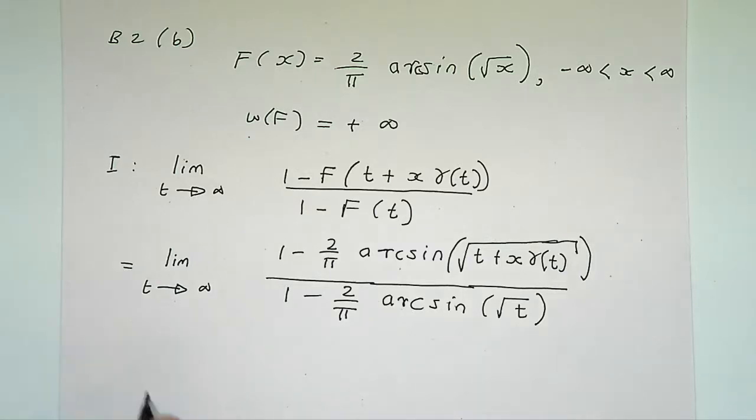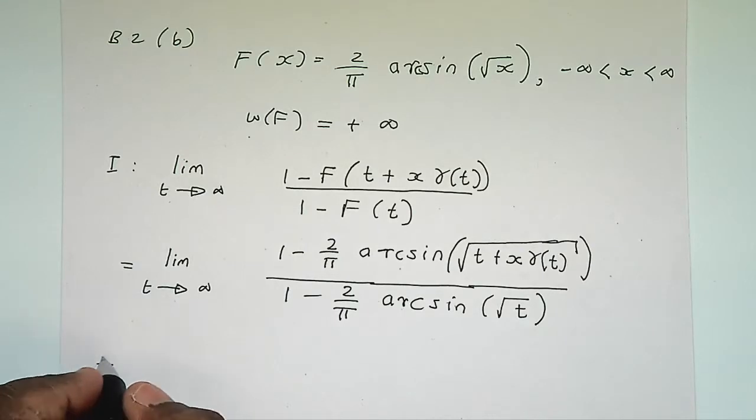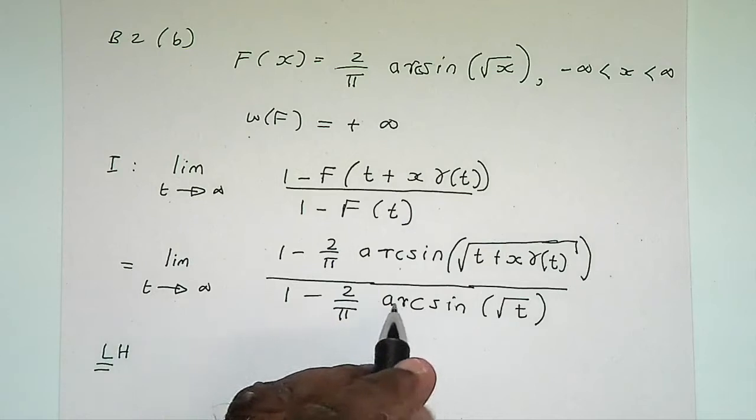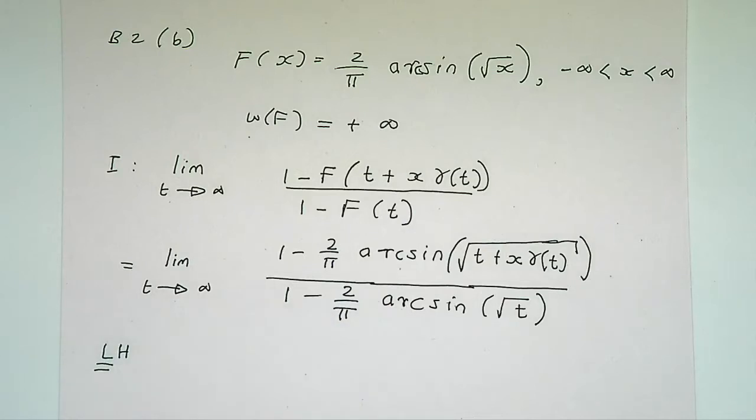All right, so I was just checking what the derivative of arcsine was. The next thing I'm going to use is L'Hopital's rule, because arcsine is really difficult to deal with, right?